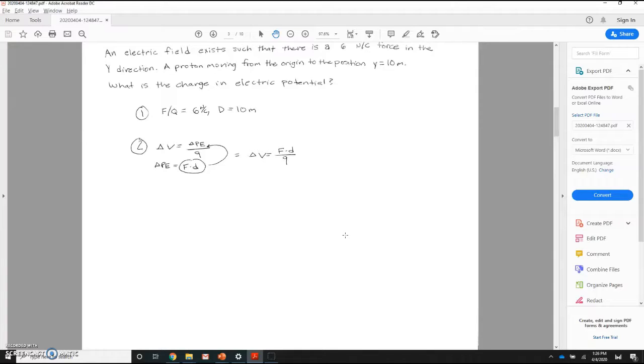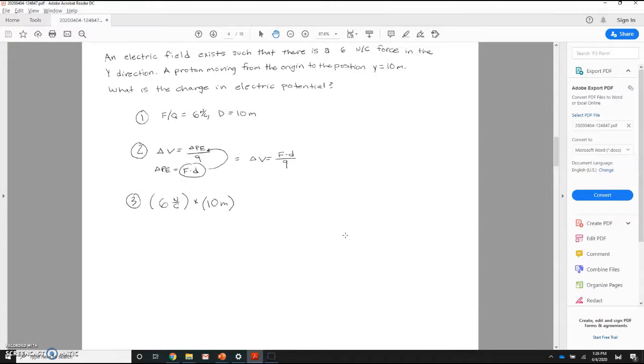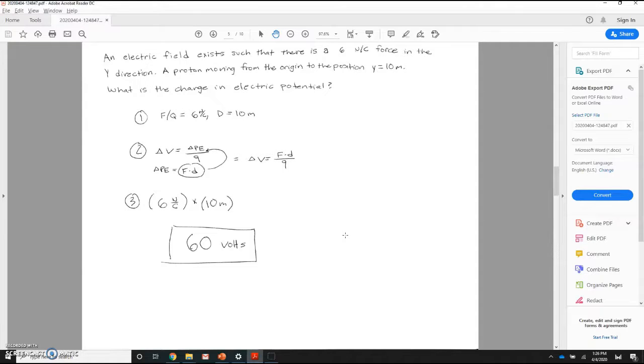So if we plug that into the original equation, we get the change in V equals force times distance divided by Q. In this case, they give us a 6 newtons per coulomb force. And so 6 newtons per 1 coulomb, so we can kind of ignore the charge at this point. Take that 6 and then multiply it by the distance, which is 10. So 6 times 10 would give us 60 volts as the change in electric potential.